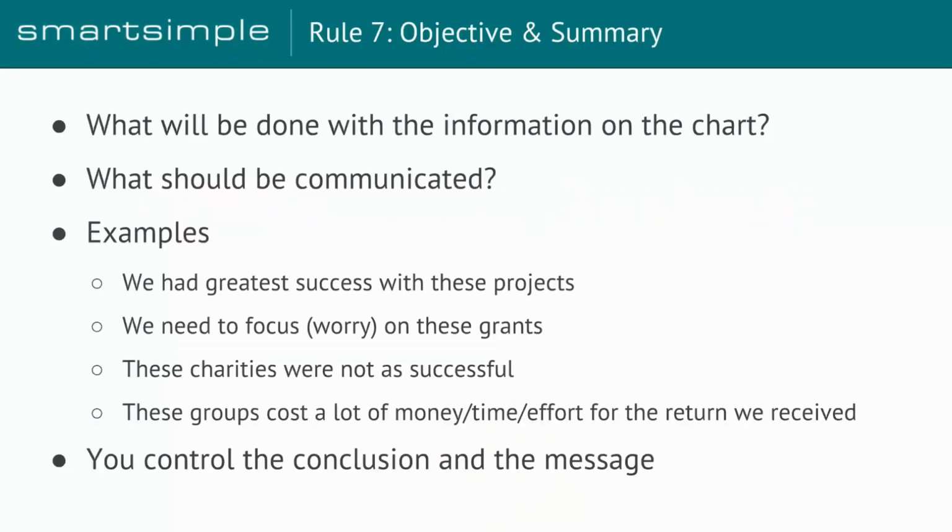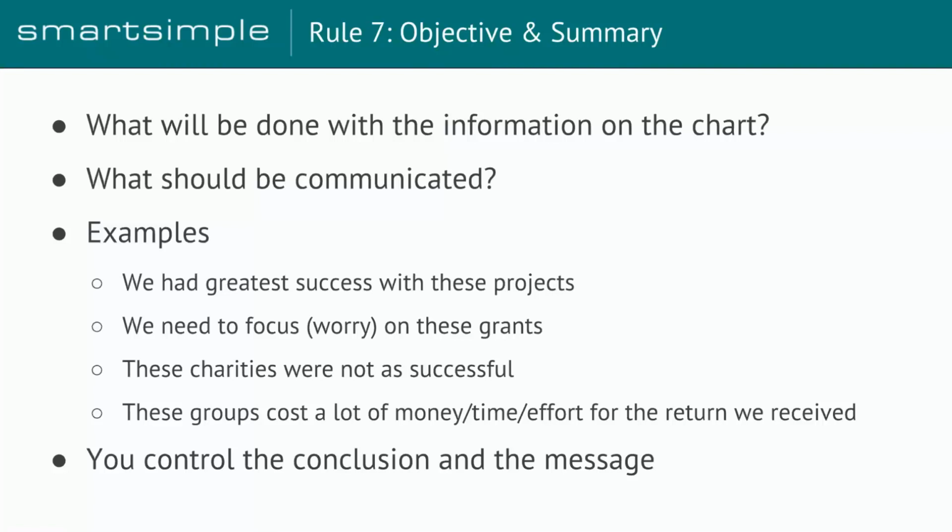And finally, rule number 7, the objectives and the summary, and what will be done with the information that we have here on the chart. This is really where you get to explain and work with what we're seeing, and what story needs to be communicated here. For example, I provided a few examples.